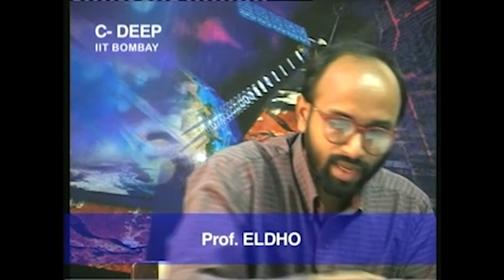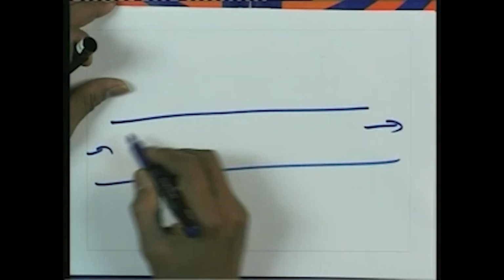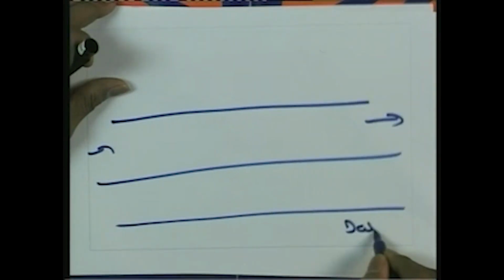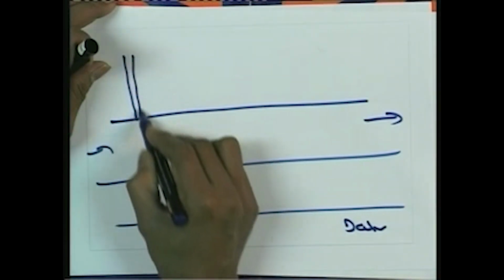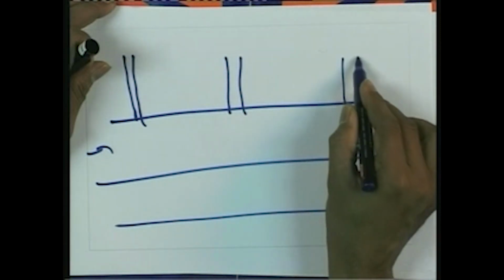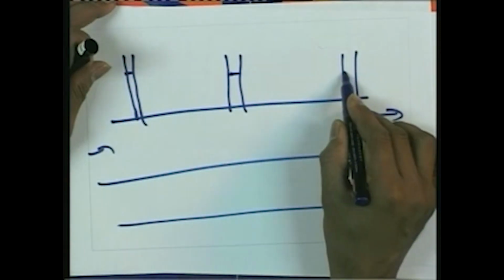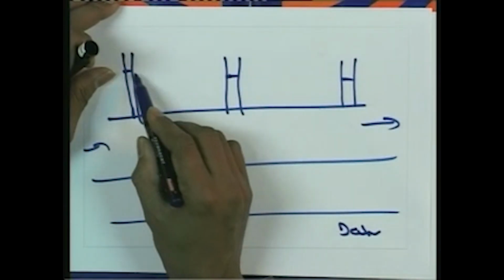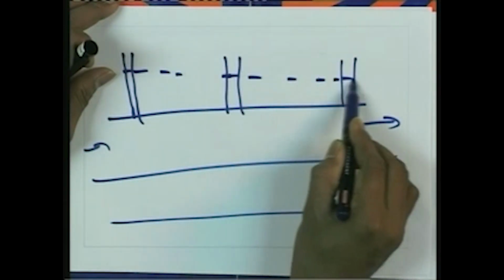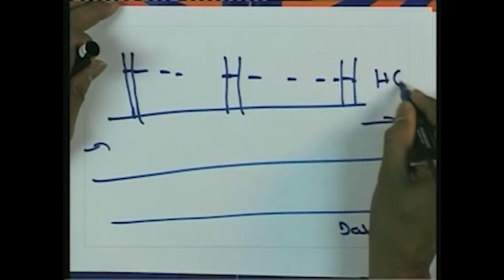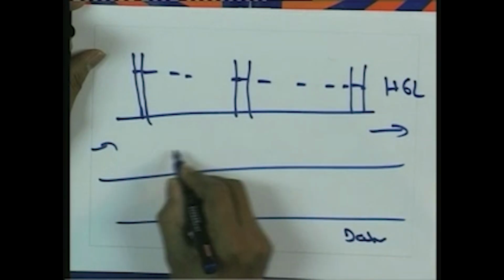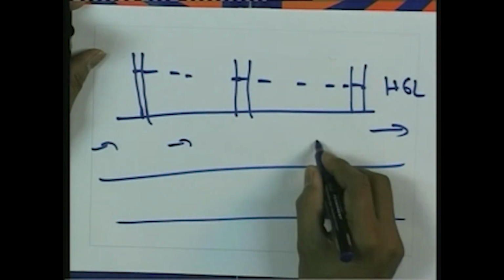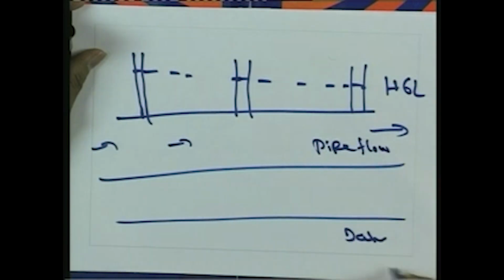If we draw the locus of a series of piezometric taps for a long pipeline, as you can see here, this is a very long pipeline which we are considering, and this is the datum. With reference to this pipeline, you can have a series of piezometers, and we can plot the piezometric heads. If you put the locus of these piezometric heads, that gives the hydraulic gradient line. So this is the pipe flow, and this is the datum which we are considering.